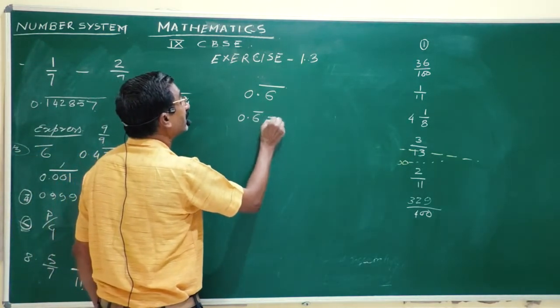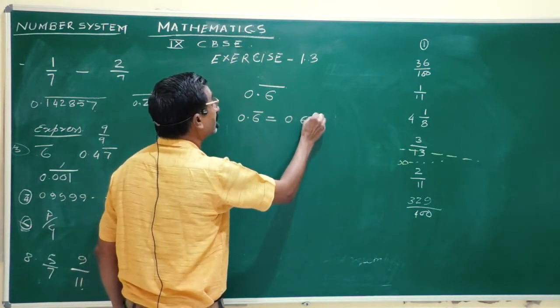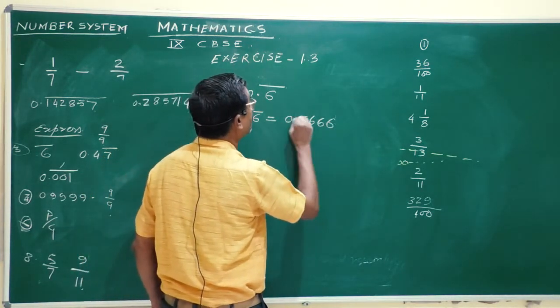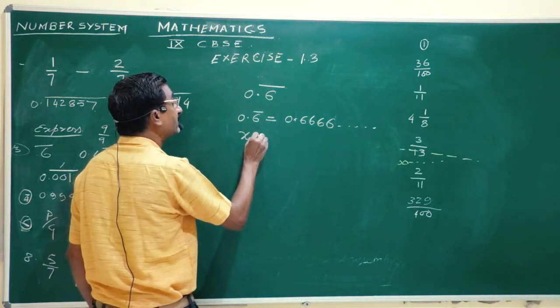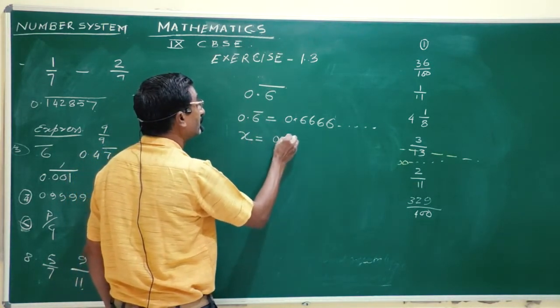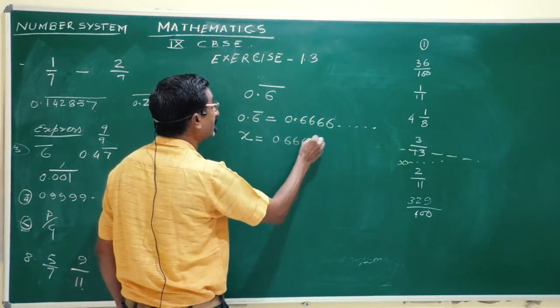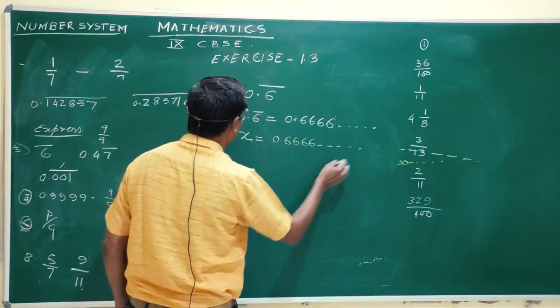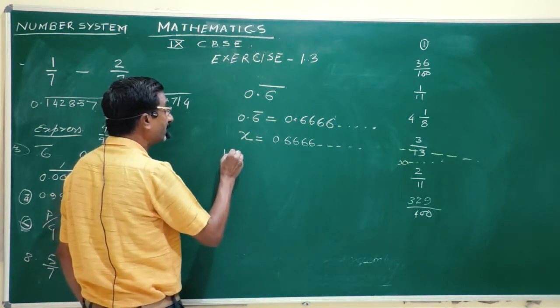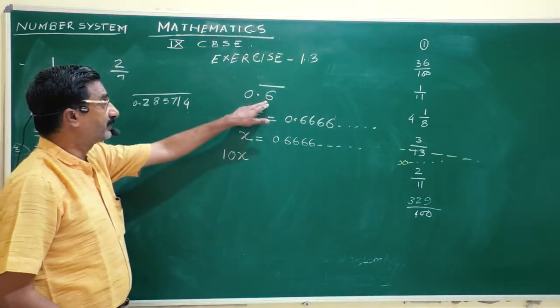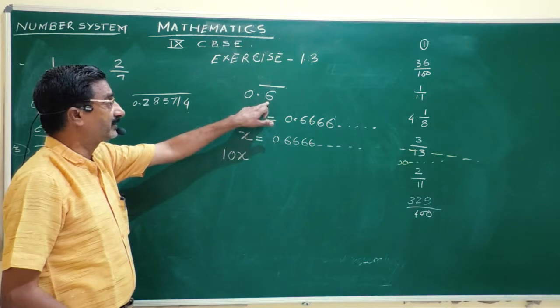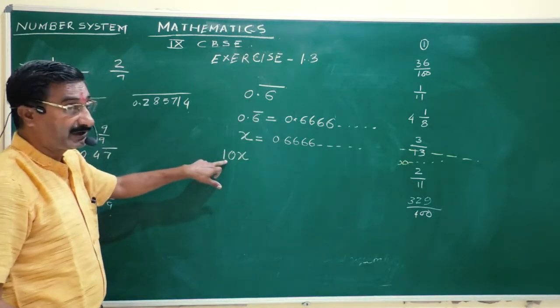So 0.6 bar can be written as 0.6666 and so on. So we can say that x is equal to 0.6666 and so on. Multiplying it by 10, as we have already studied, if the repeating digit is single, we multiply by 10.